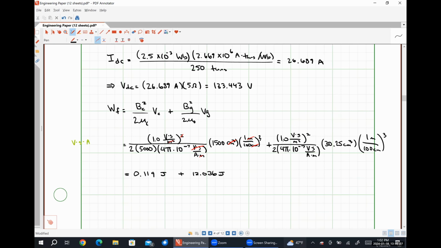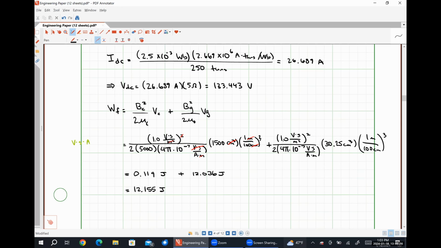So about 99% of the energy stored in this system, or our field energy, is stored in the air gap. And the total, for what it's worth, is 12.155 joules.